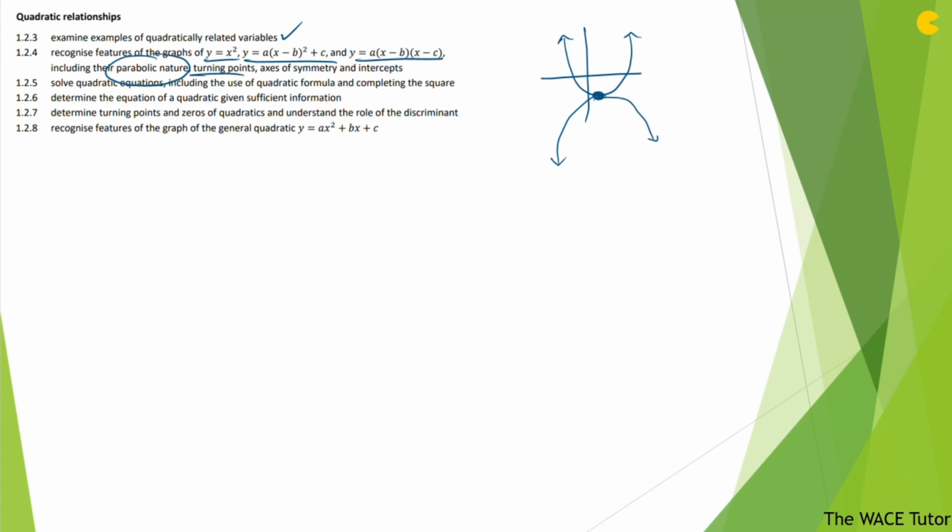We saw that they had turning points at this point here. We saw that they had an axis of symmetry. That's something I actually didn't go over. An axis of symmetry in this case is the symmetry that they have here. And we saw that they had intercepts. We saw that they had y-intercepts in this case and x-intercepts, or in some cases they had no x-intercepts.